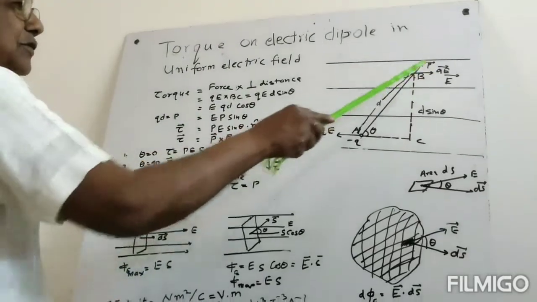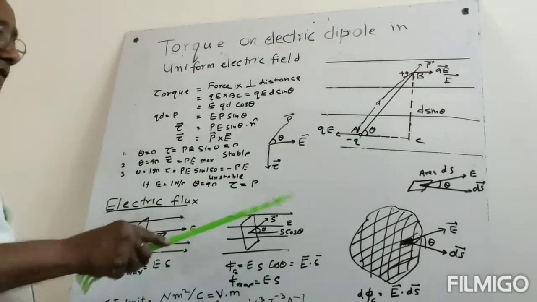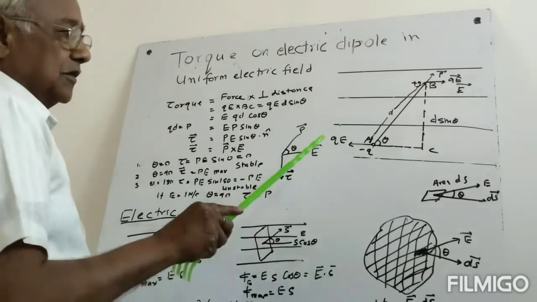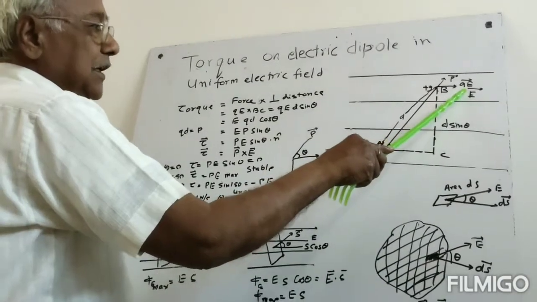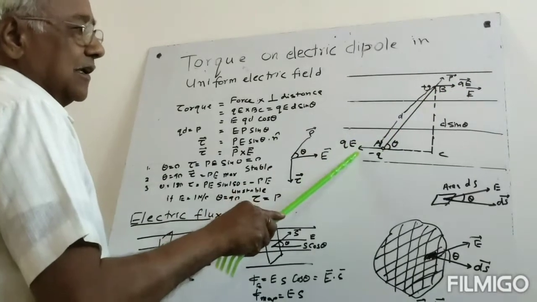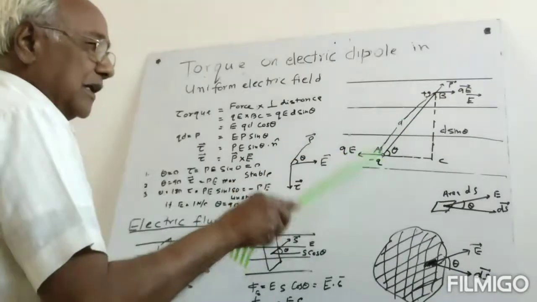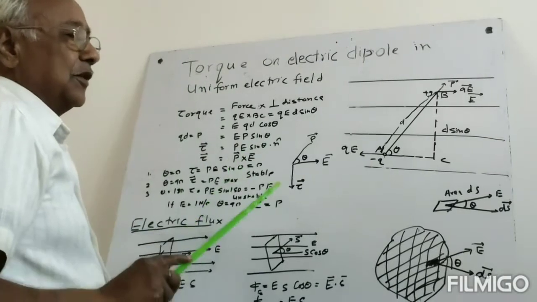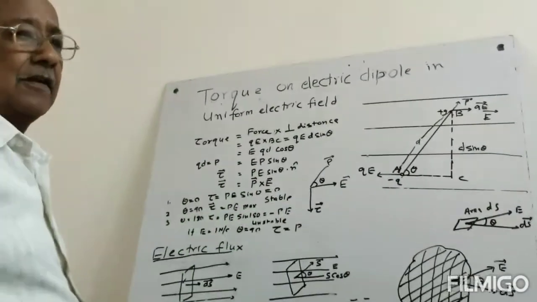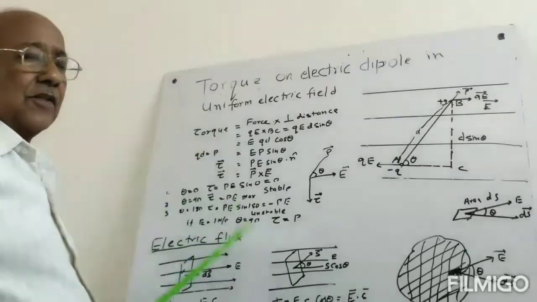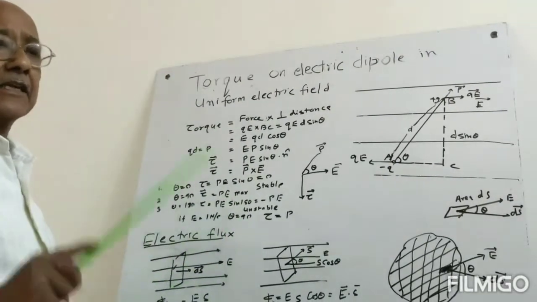So net force on the dipole will be 0, since QE is equal to QE, but they are in opposite direction. So net force on the dipole is 0. It means the dipole is stationary and it will not have any translation motion.